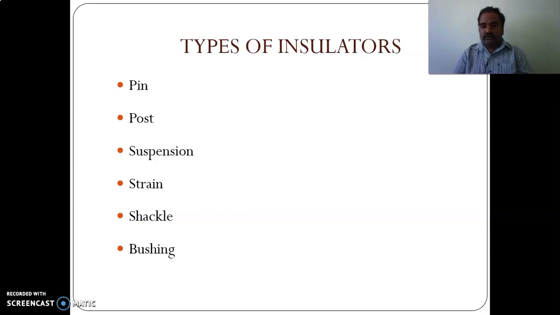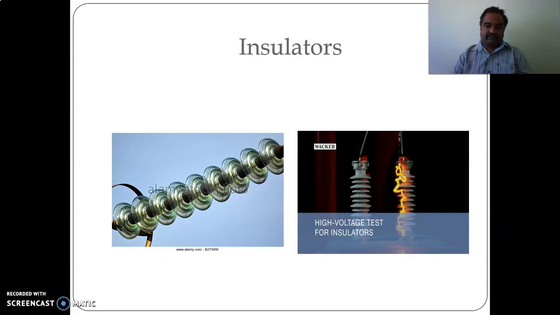In the future, we hope that the porcelain and glass insulators will be replaced by composite insulators because of their adaptability and flexibility. Now, shown in the figures, on the left side you can see a glass insulator, and on the right side you can see a flashover which is experienced when you are testing an insulator.